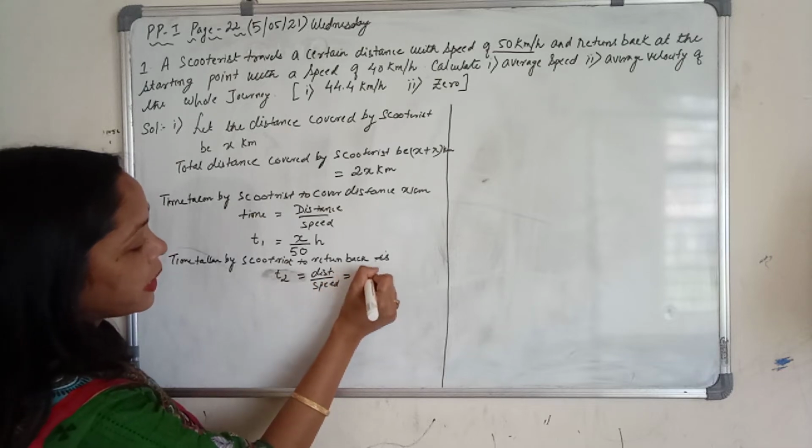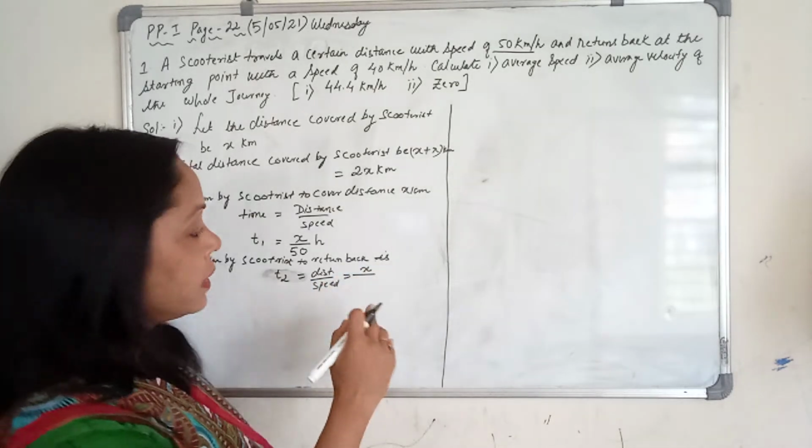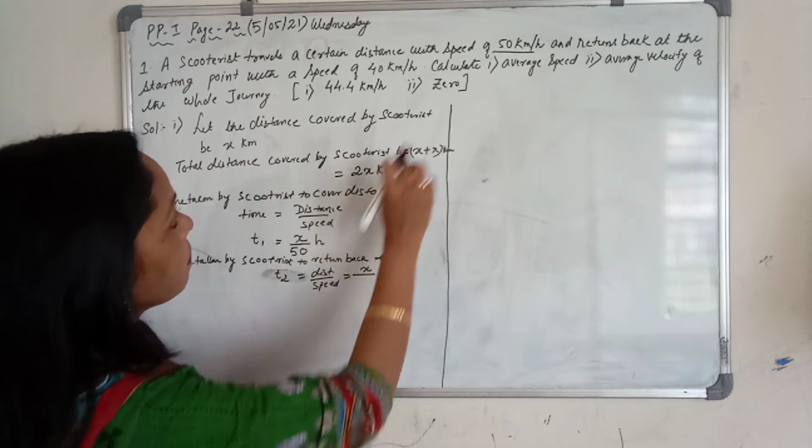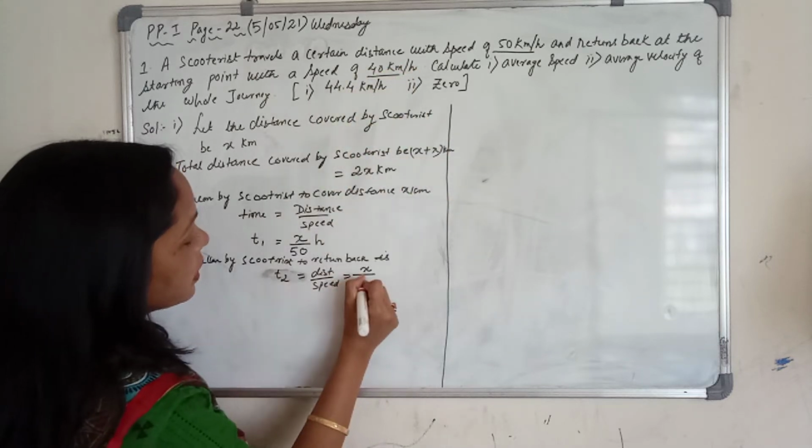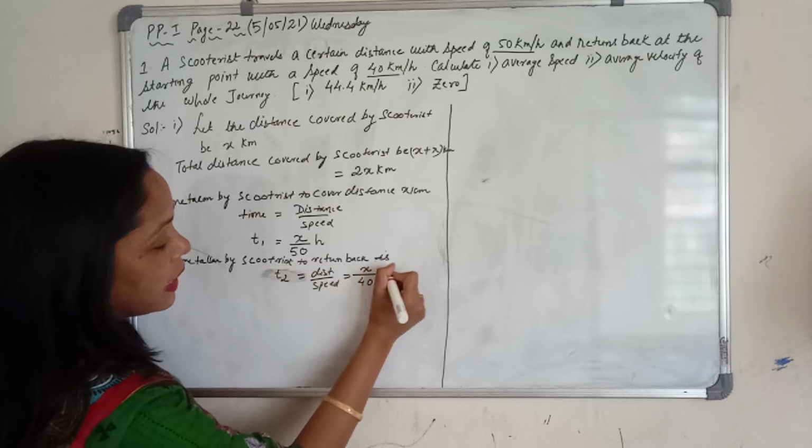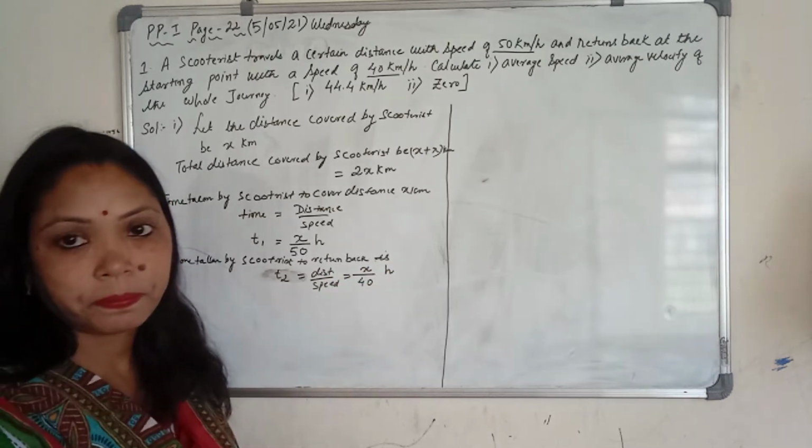The distance will be the same because it is the same path, and the speed will be 40. And since it is a time, the unit will be hour.